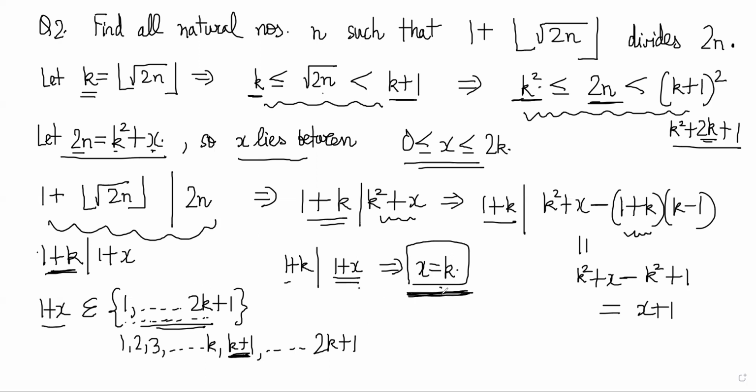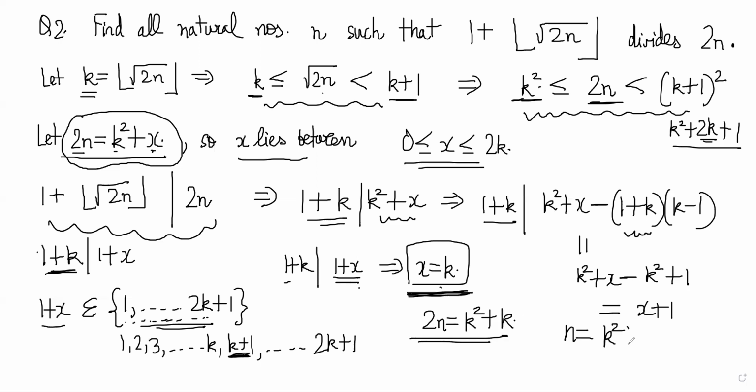And if x is equal to k, here in this equation we get 2n is equal to basically k square plus k, and n is equal to k square plus k by 2.